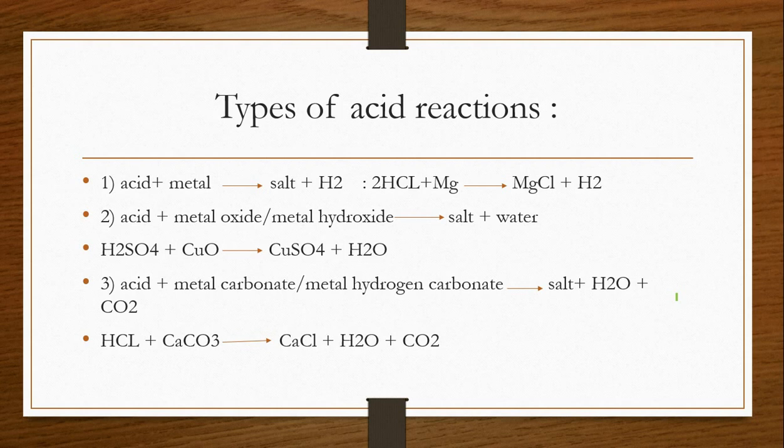When they react with each other, they give salt plus hydrogen. And I gave an example. Number 2, if acid reacts with metal oxide or metal hydroxide, which could be either alkali or base, it will give us salt plus water. Number 3, if acid reacts with metal carbonate or metal hydrogen carbonate, it will give salt, water, and carbon dioxide.